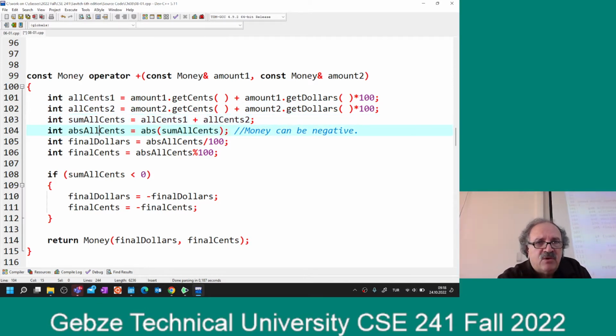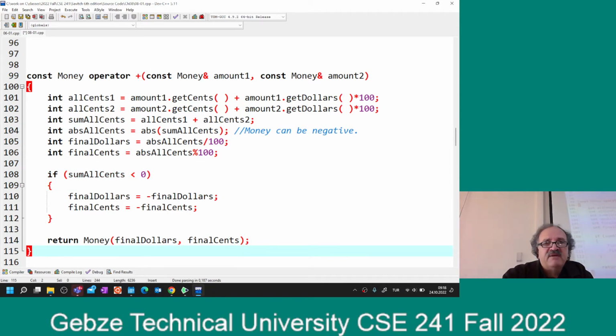Then these are the absolute cents, the final dollars. These are the final cents. And if the sum of all cents is less than 0, then I make them negative. So I do all of my arithmetic in positive numbers. And if my final value is negative, then I make them negative and I return it.